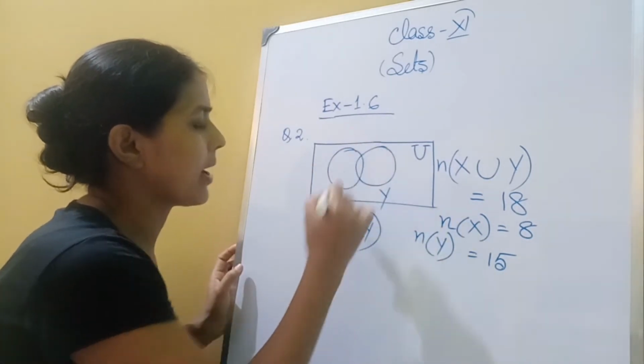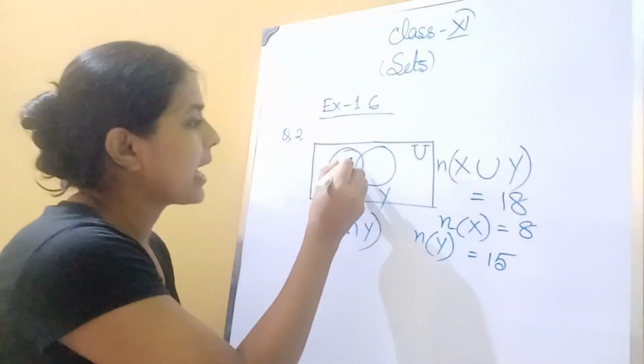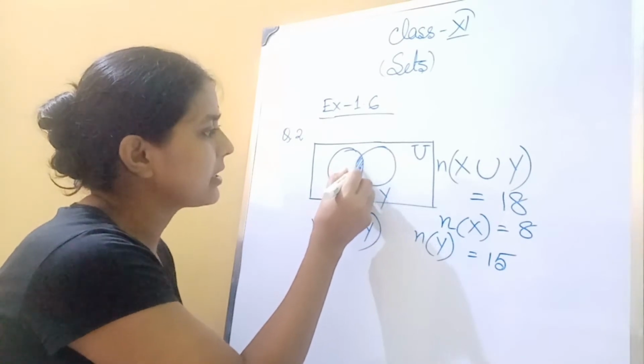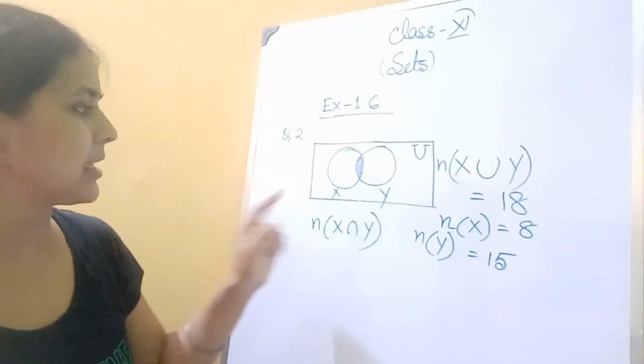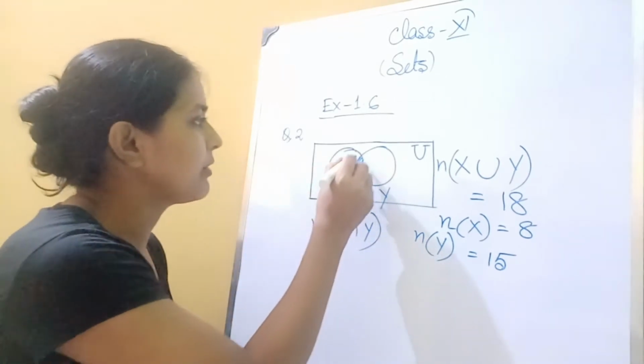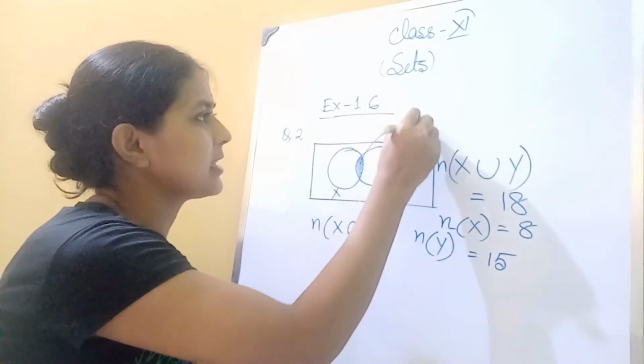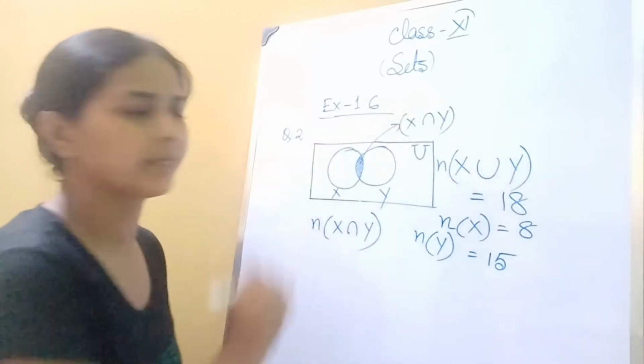X, Y. Okay, I am just shading the intersection part. This part is the intersection, that means the common part. We can say that this is the X intersection Y part.